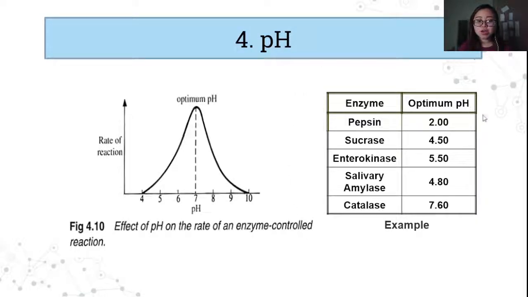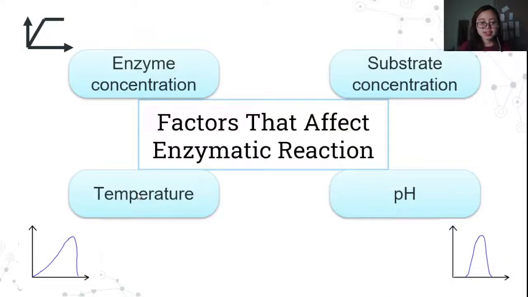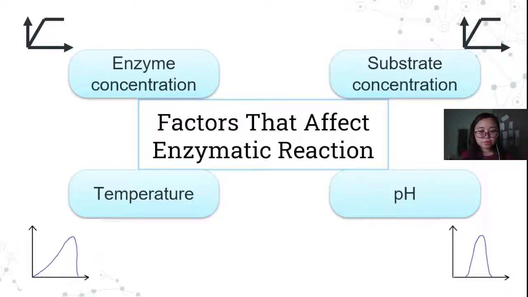So you could see, once again, on this table, the difference in optimum pH for different enzymes. And also, this graph is here to remind you of how the rate of reaction can change with change in pH. So that's it. Those very simple explanations are explaining the factors that can affect enzymatic reactions.